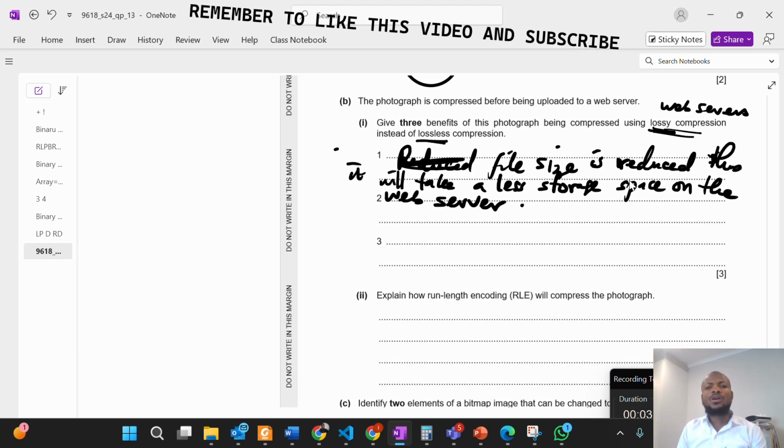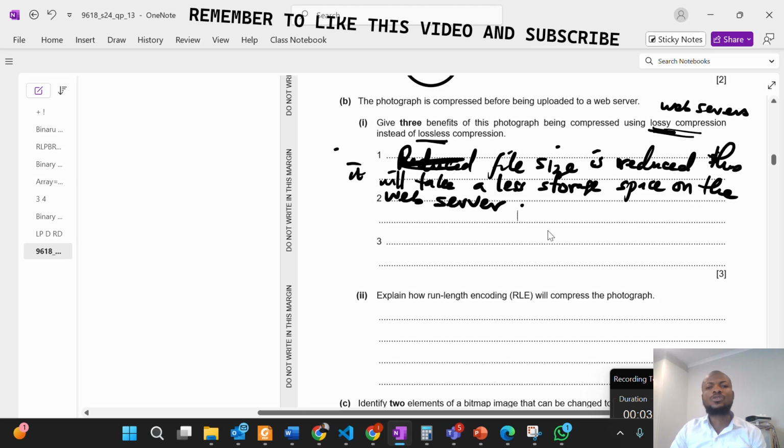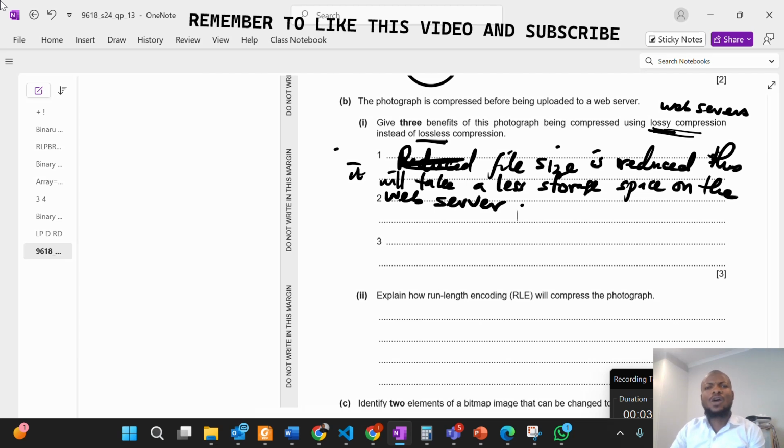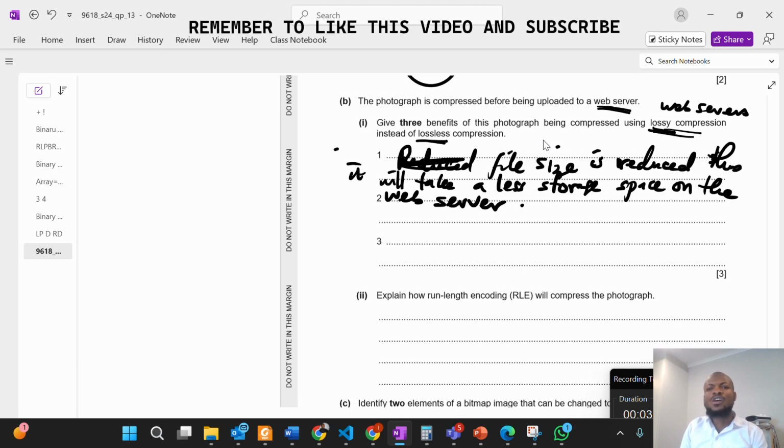Is that understood? So don't just write reduce file size. How is it in relation to the web server? Because the question says the photograph is compressed before being uploaded to a web server. So whatever you are writing must be in reference to the web server. Is that understood? So we are writing the benefit of lossy instead of what? Lossless. I hope this is understood.